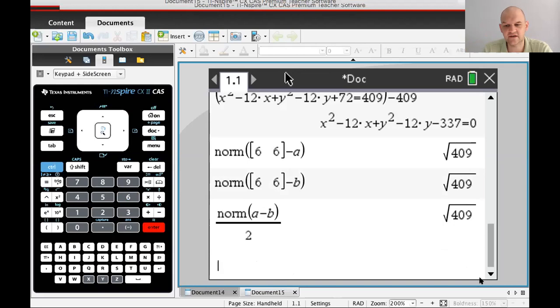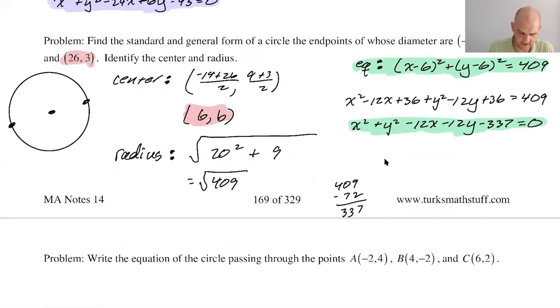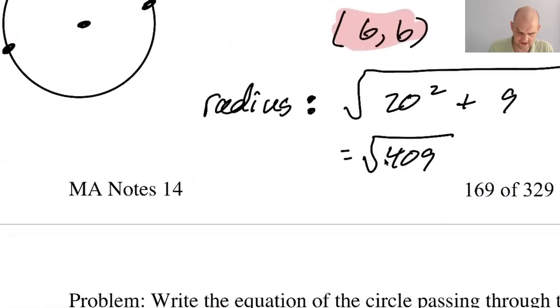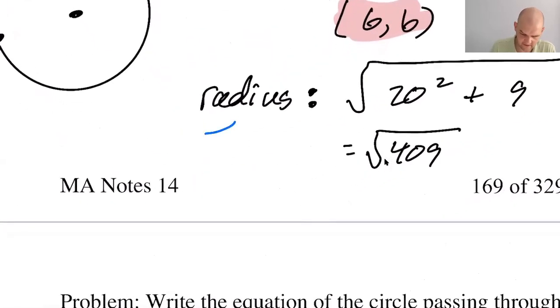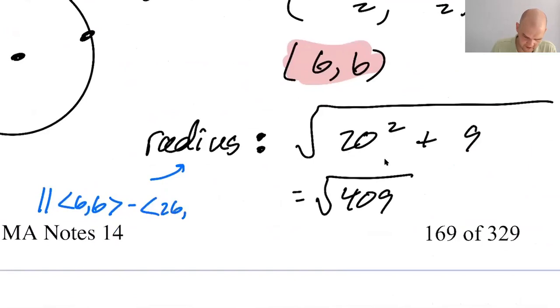So let me go back. And we're basically done. What I was going to do is maybe write out some of the vector stuff. For the radius, I did the magnitude, or the norm, of (6, 6) minus (26, 3).